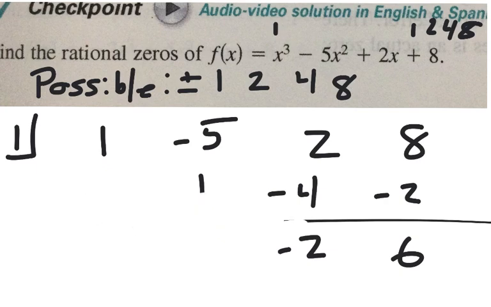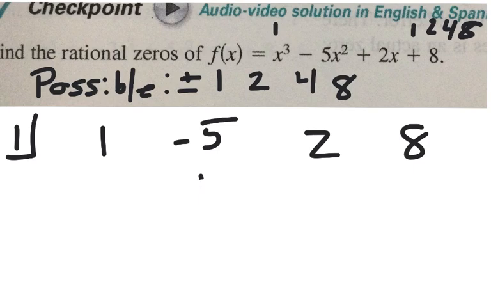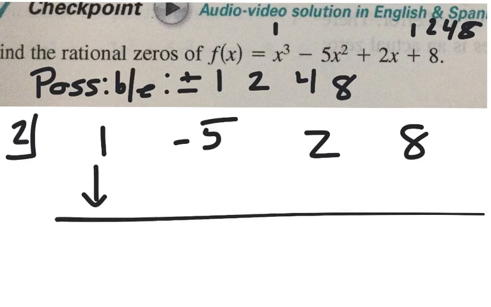So like I said, you can go somewhere else. I'm just going to erase because I don't have a lot of room on here. So the next thing I'm going to try, again, there's no rhyme or reason. I typically like to keep trying positive numbers just because I do a little bit better with the synthetic. I don't have as many opportunities to mess up. And then we multiply.